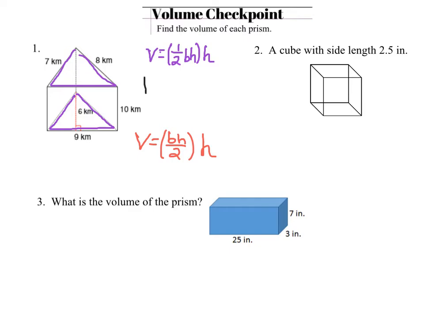So I'm going to go ahead and just start with this first way. To find the area of the base, which is a triangle, it is 1/2 times the base of the triangle, which is 9, and the height of the triangle is 6. Remember, the base and the height of the triangle have to form that right angle. And then the height of the whole 3D figure is this 10 because it connects your two triangles.